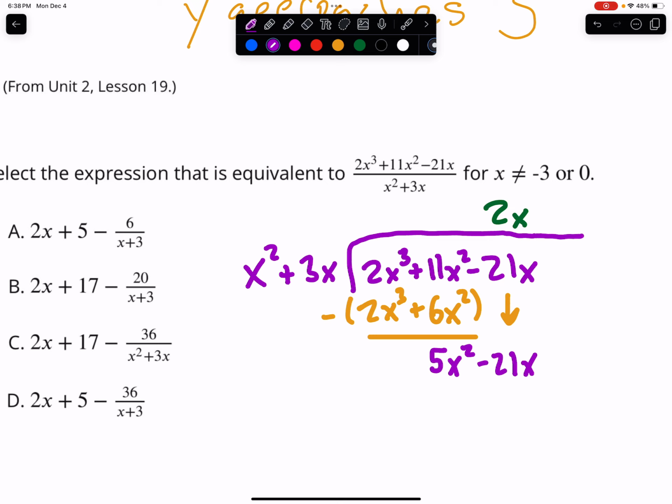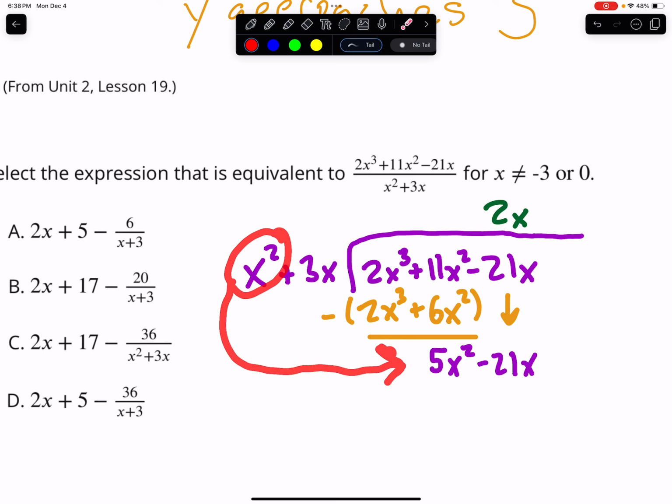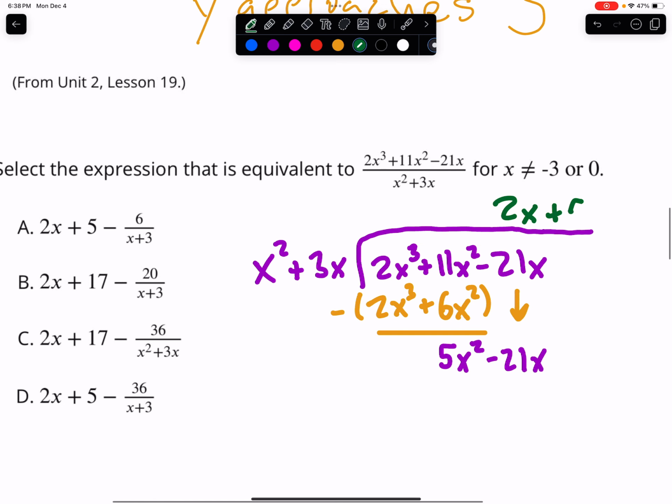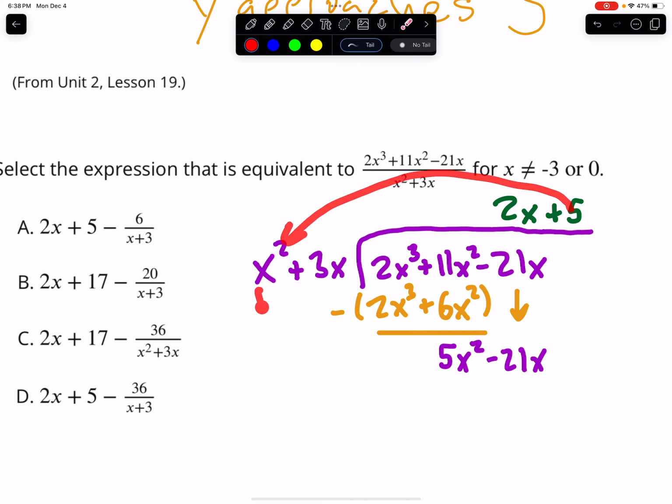Okay, so what's the goal now? We're trying to make this x squared. I need to figure out something that I can multiply times x squared to make it 5x squared. And that's just 5. So plus 5. So now we got that. We're going to multiply times the x squared and write our answer right down here.